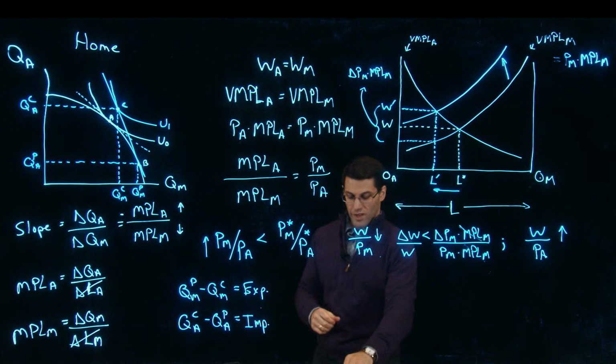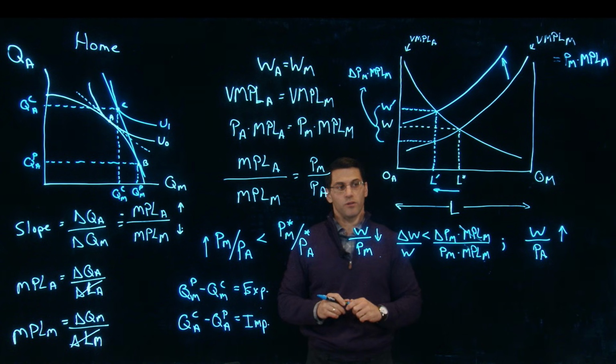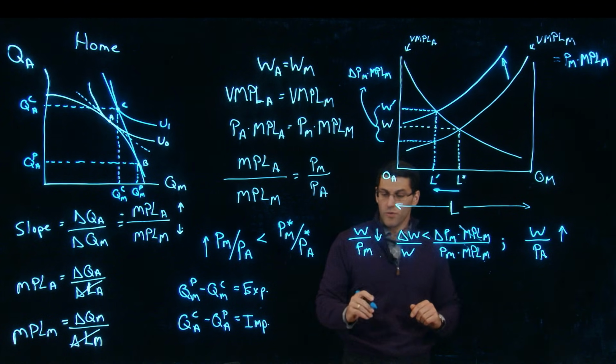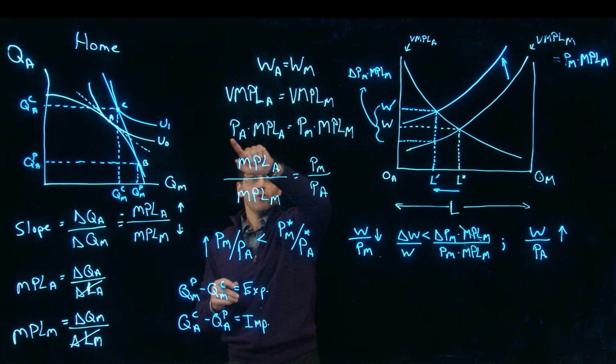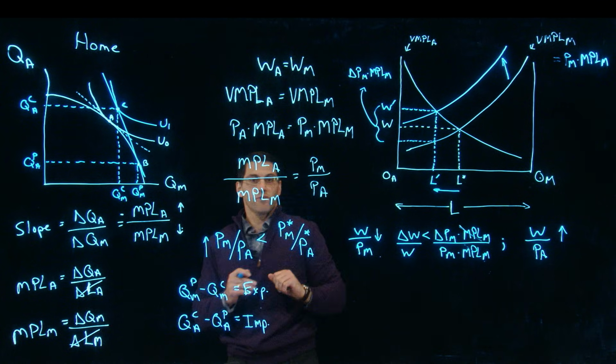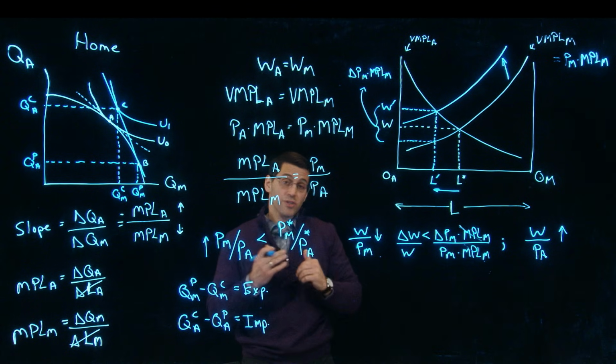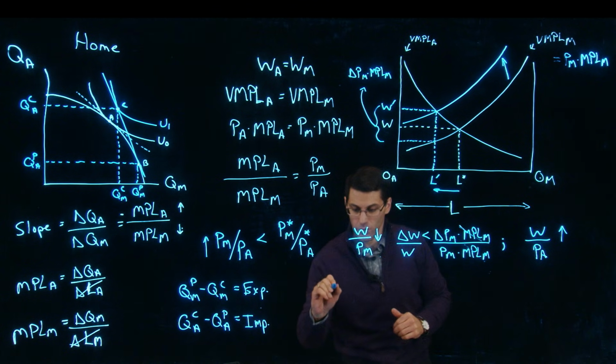Well, what's happening with capital? So we can take this same concept. We know that the wage is equal to the value of the marginal product of labor. Well, the same thing is true for the rental rate for capital.